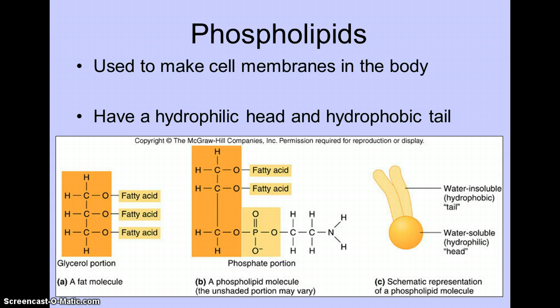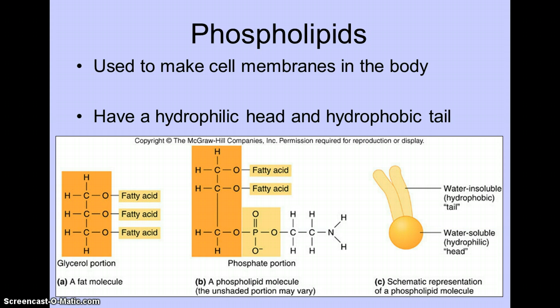I want you to focus for a second on the fact that the phosphate group is charged. There is a little oxygen atom with a negative charge on it, and that makes the head of the phospholipid molecule charged. You may remember that water is a molecule that is also charged for reasons that we've talked about previously. Because the head part of the phospholipid is charged, it is attracted to other charged molecules such as water.